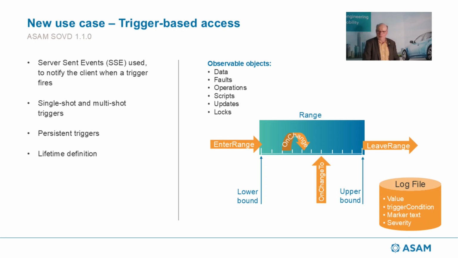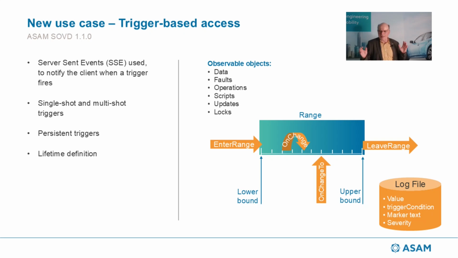And we have here also not reinvented the wheel, we simply use the server-sent events mechanism from OpenAPI, and we will be informed with the event when the condition which we have specified is true. And besides this information, we have the possibility to write an entry into the log file.